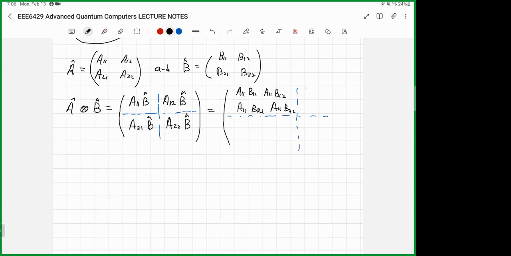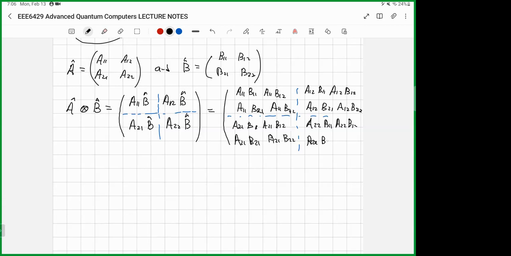Then the second one: A12 B11, A12 B12, A12 B21, A12 B22, and here A21 B11, A21 B12, A21 B21, A21 B22, and finally A22 B11, A22 B12, A22 B21, A22 B22.